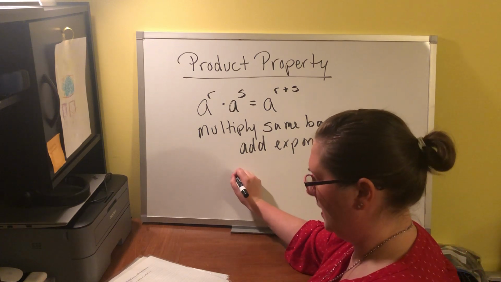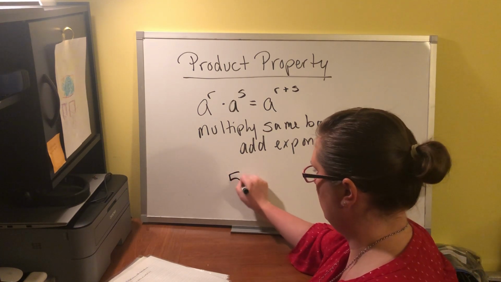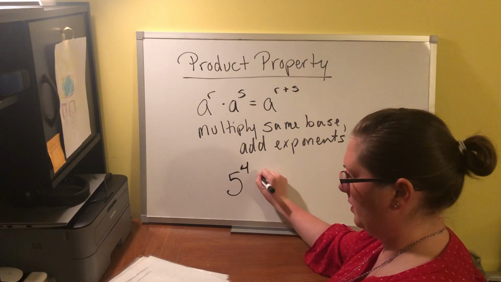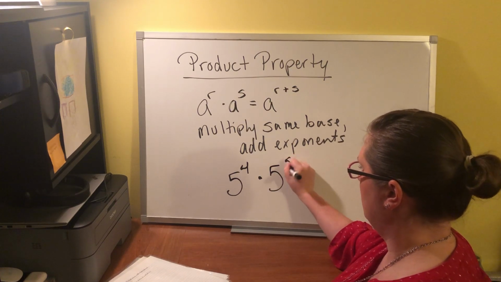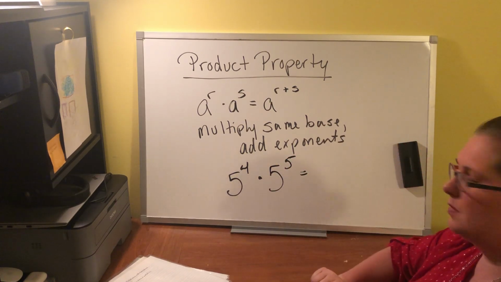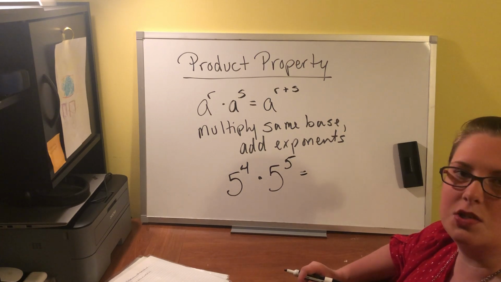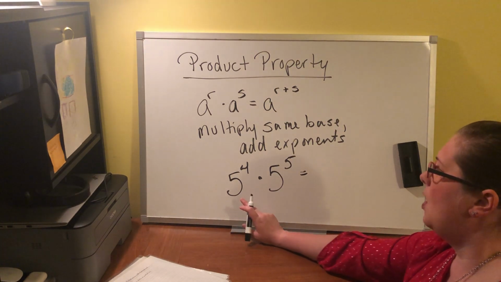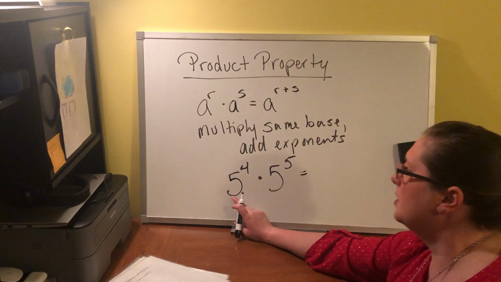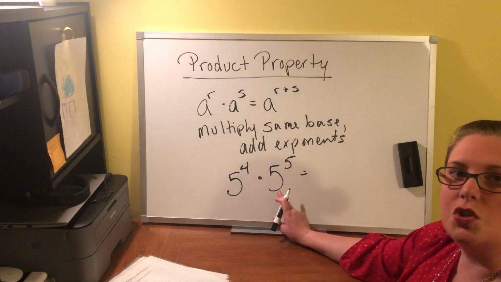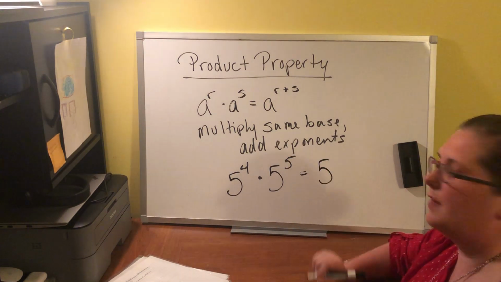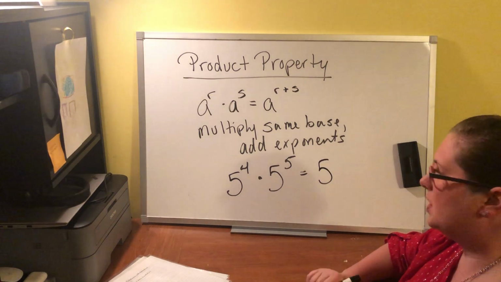So let's look at an example, let's do 5 to the 4th times 5 to the 5th power. So we're going to do our checklist. Is it multiplication? Yes. Do they have the same bases? Yes. Both are 5s. So you keep the base, keep 5, okay? Now you're going to add the exponents.